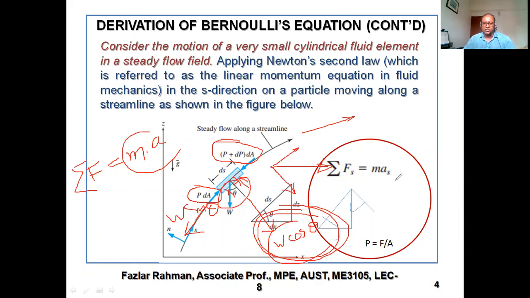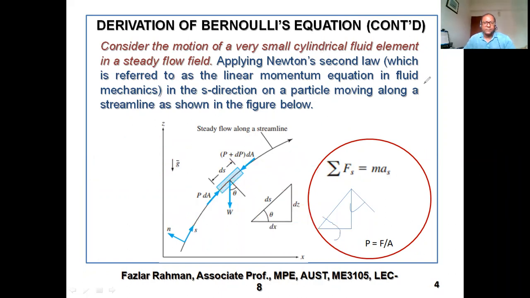F is equal to ma. And one more thing, you see, the a is the acceleration of the fluid. So acceleration equals, we know, dv by dt, the change of velocity divided by the change of time.